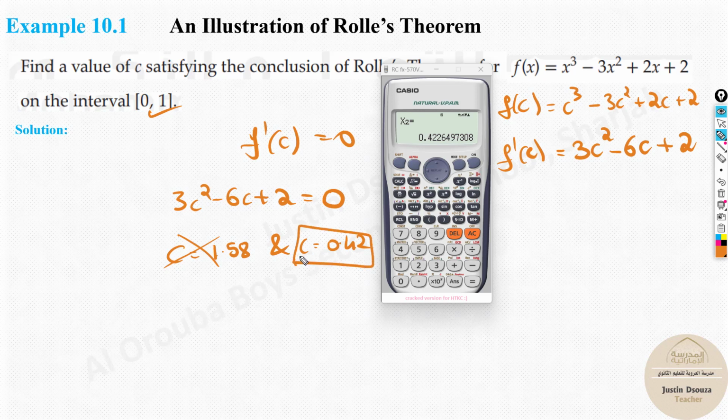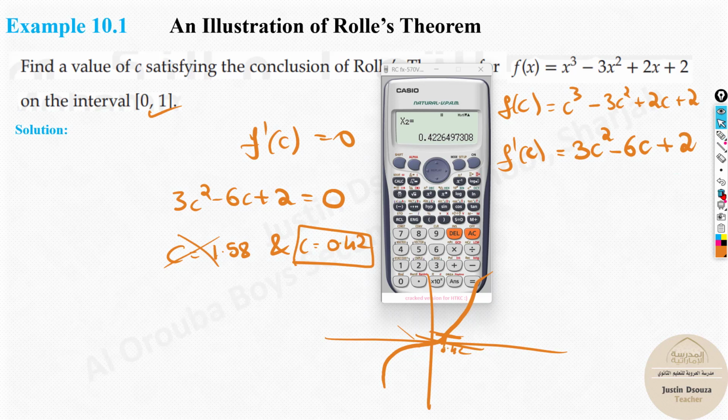Now, if you graph this cubic function, it will be something like this. That is not a right graph, but anyway, at this particular point, 0.42, you can see the derivative would be 0. That is what it means.